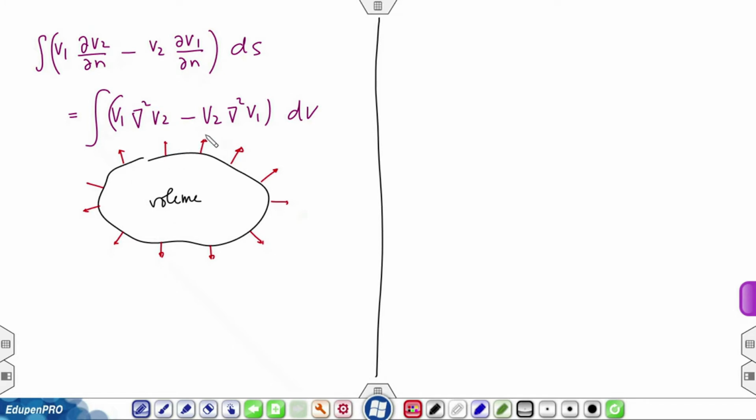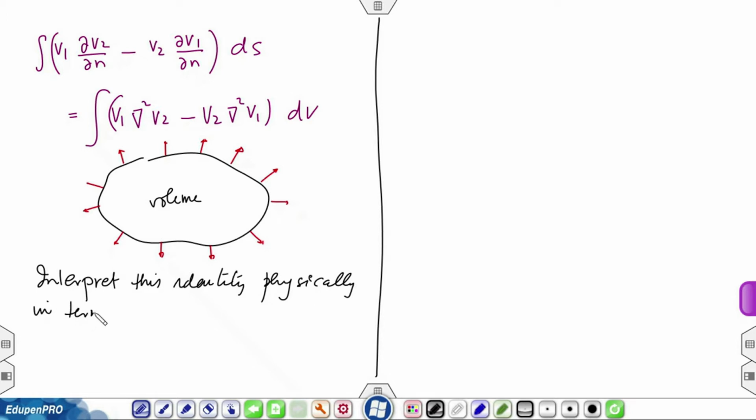Let us interpret this identity physically in terms of charges.